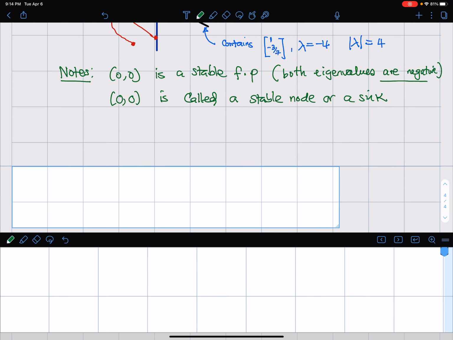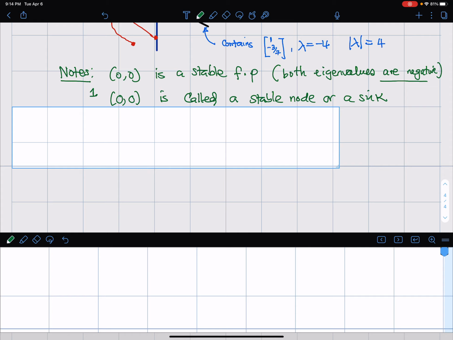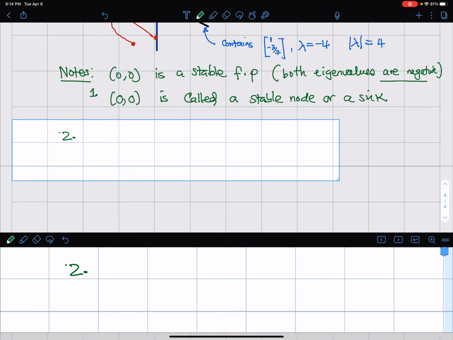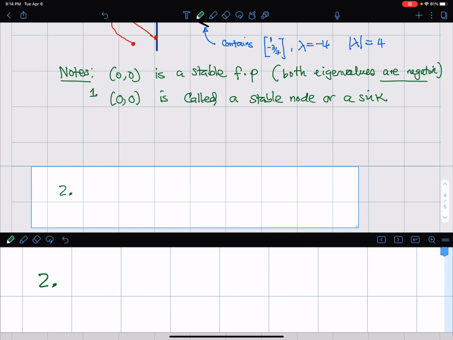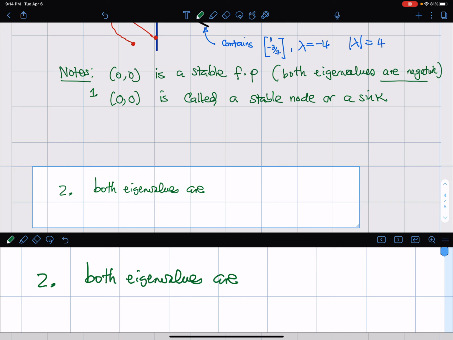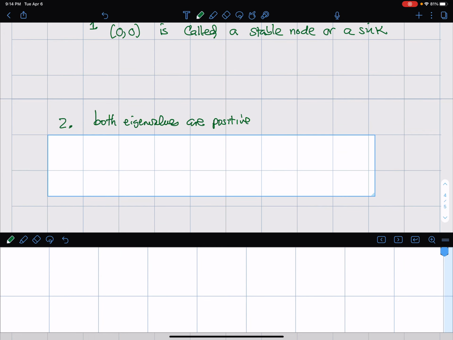So let's call this note number 1. Note number 2: when both eigenvalues are positive, you get the same kind of picture, but the behavior is different. 0, 0 is still going to be your fixed point.